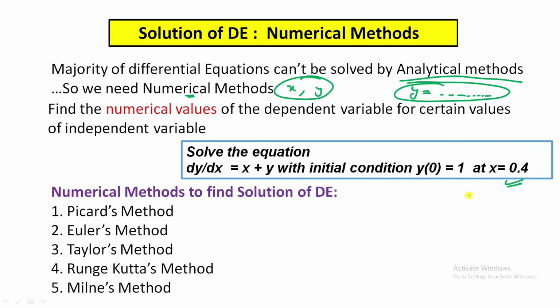So we will get a numerical value when we find the solution of this differential equation with the help of numerical methods. These are the various numerical methods which can find the solution of differential equations: Picard, Taylor, Runge-Kutta, and Milne's methods. We'll see some of these numerical methods in our upcoming videos.